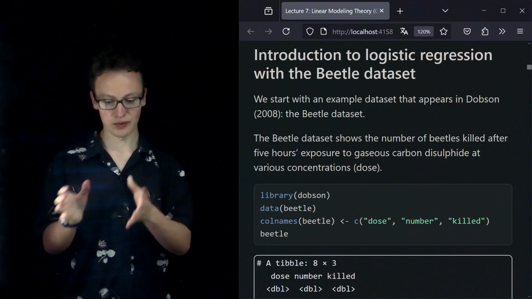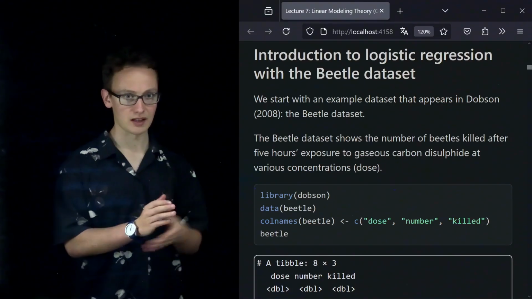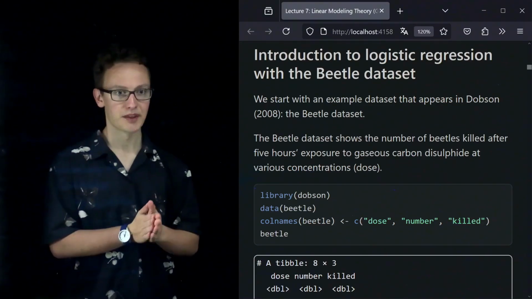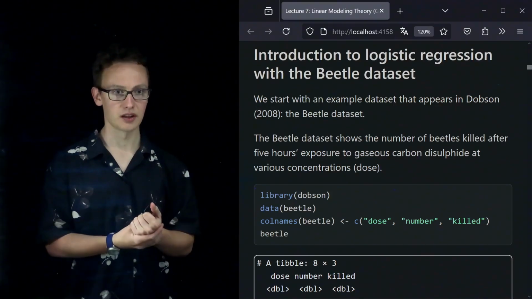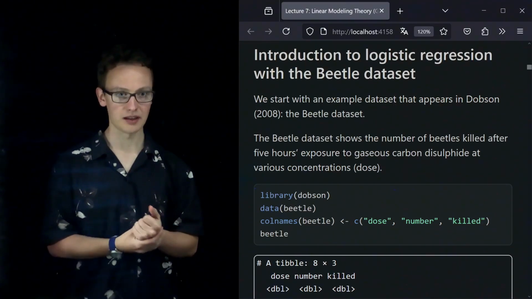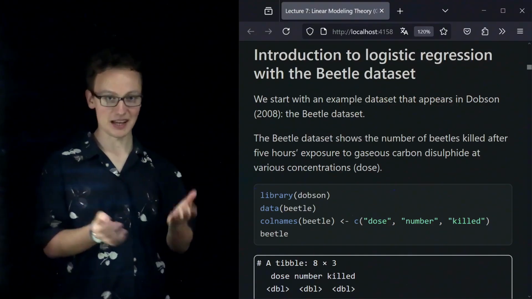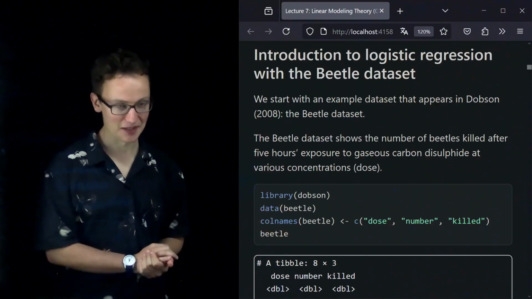There were different subgroups in the experiment, and between those groups the dose of that gas was varied. Okay, so kind of a sad experiment, like beetles died. But that's how it is.